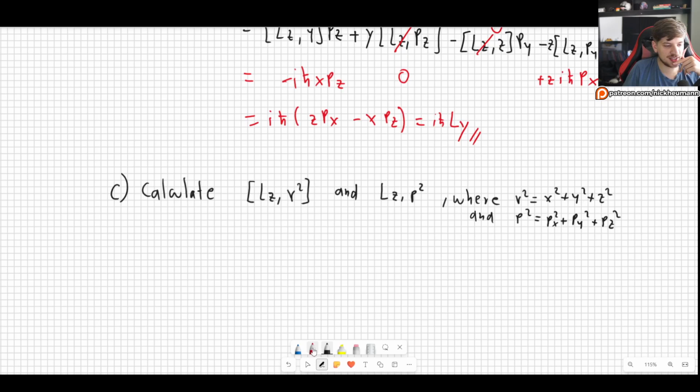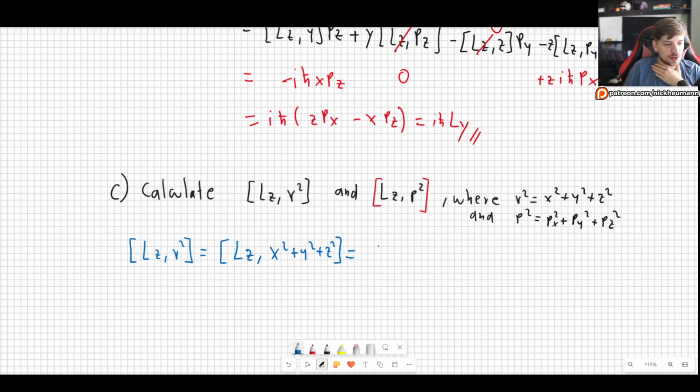Okay, so part C now wants us to calculate these two commutators, where r squared and p squared are as given there. So let's begin with the first one. The commutator between Lz and r squared is simply going to be the commutator of Lz and, well, what is r squared? r squared is x squared plus y squared plus z squared.